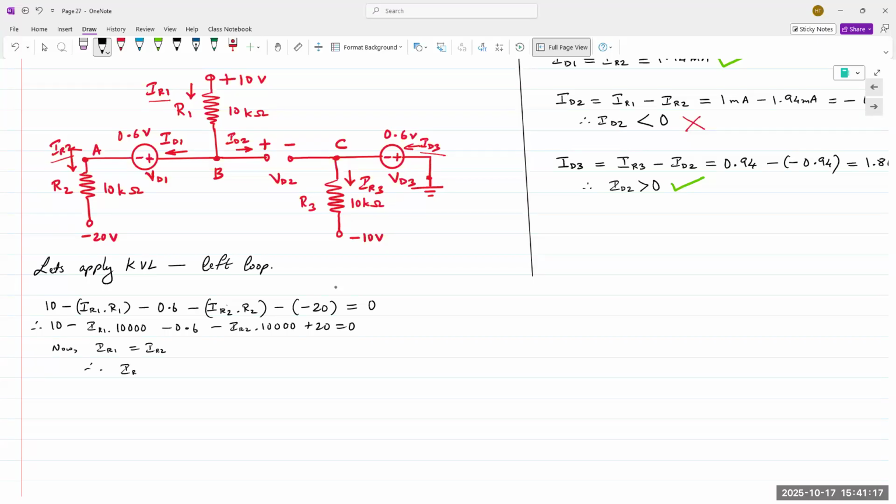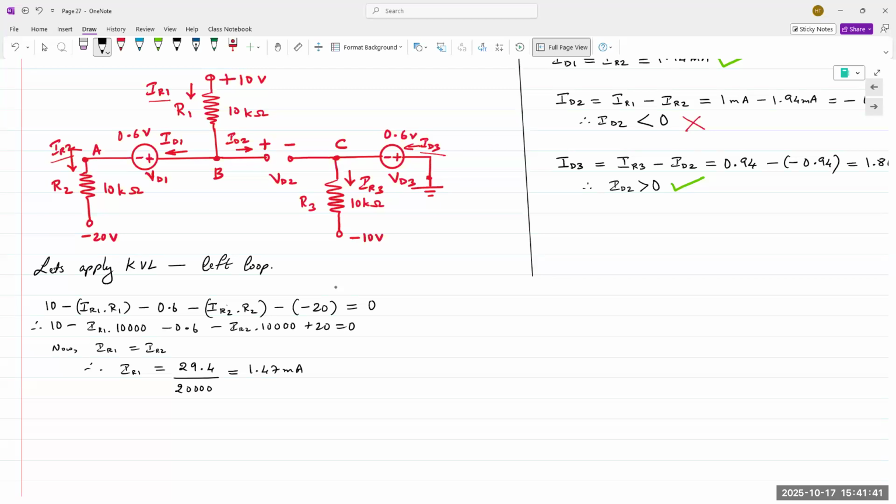So IR1 is equal to, take everything else on the other side, 29.4 divided by 20,000. And now we obtain a current of 1.47 milliamps.